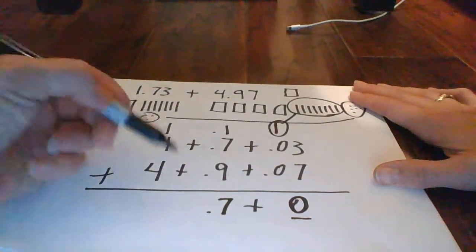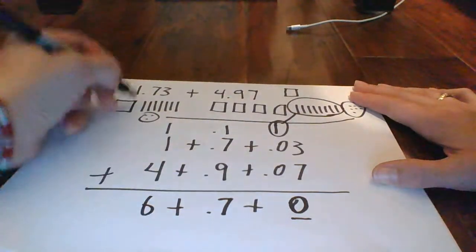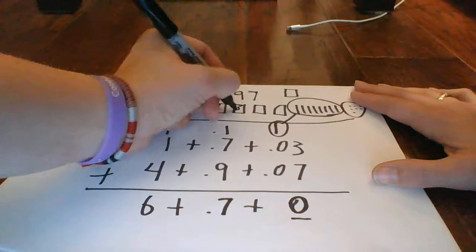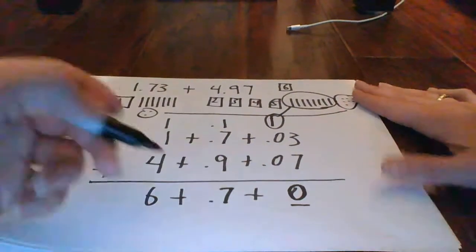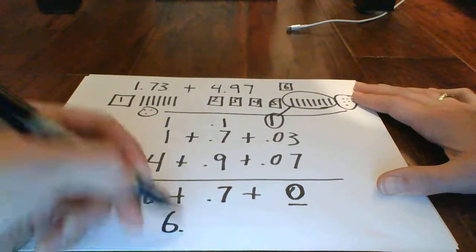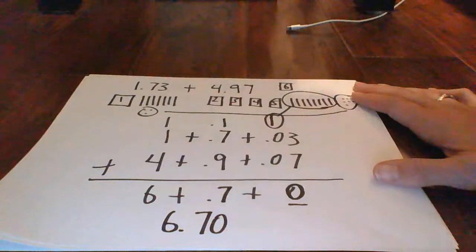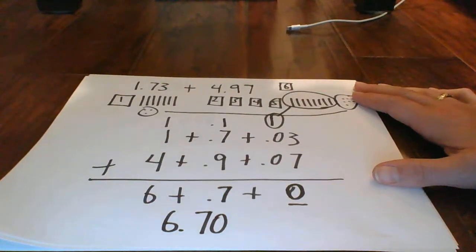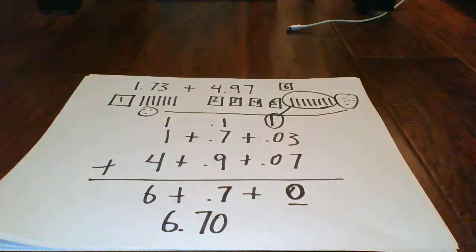Okay, and then I just add my wholes as normal, which would be 6. So 1, 2, 3, 4, 5, and then the additional one, 6. And so my number would look like 6 and 7 tenths, or you could do 70 hundredths, however you prefer to write it. So that's one way that you can do decimal addition.